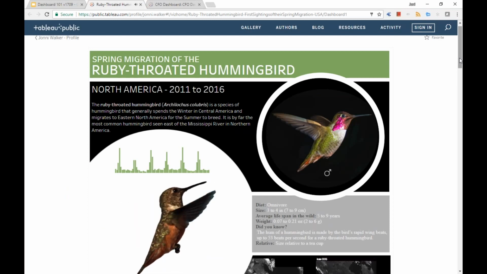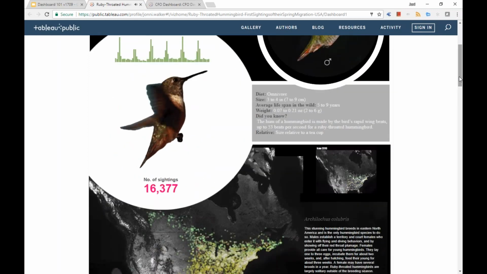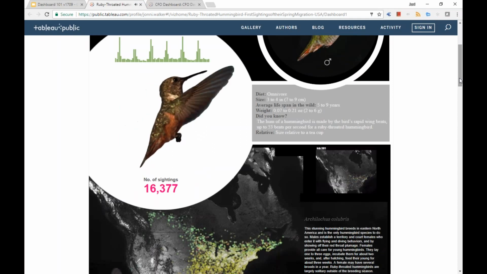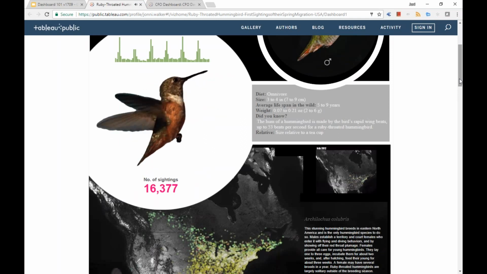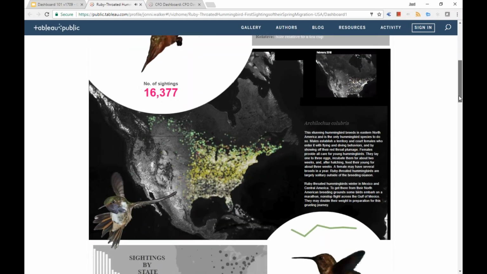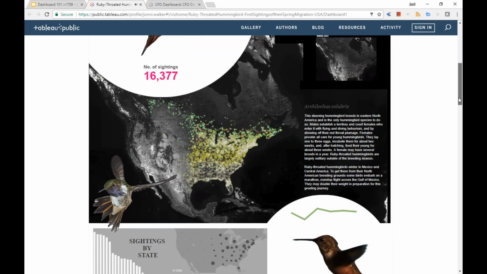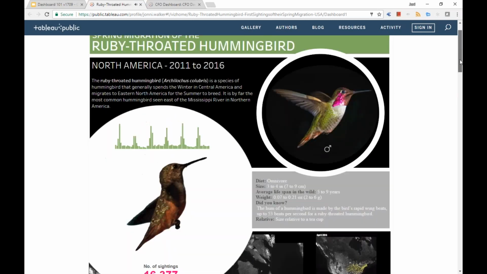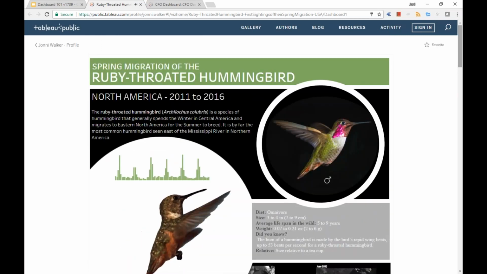I remember I saw this dashboard a few years back in a Tableau conference, and I was amazed by such a great job done for the purpose of the dashboard. It's visually beautiful, it's appealing, and every time I want to show someone an example of a beautiful dashboard that you'll remember, this is one of them. It's not business focused, but again, sometimes you need to provide something like this, and this is a good insight.